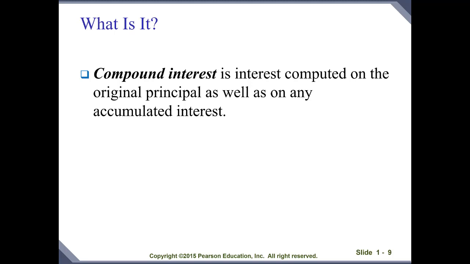So interest can be compounded or paid either annually or semi-annually, which would be once a year or twice a year, quarterly, which would be 4 times a year, monthly, which would be 12 times a year, weekly, which is usually 52 times a year, but as I mentioned, I believe in the simple interest video, sometimes we say that for weeks it's really 50 weeks a year, even though it isn't.